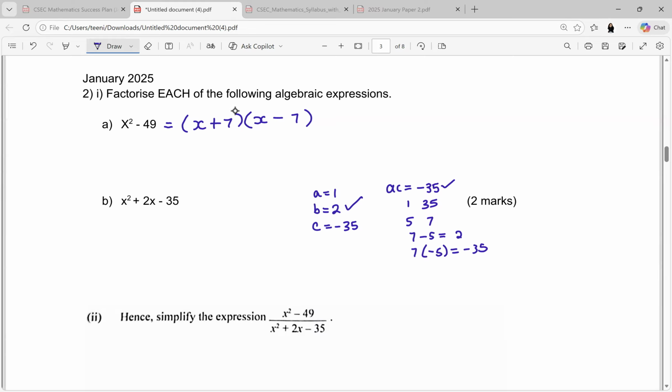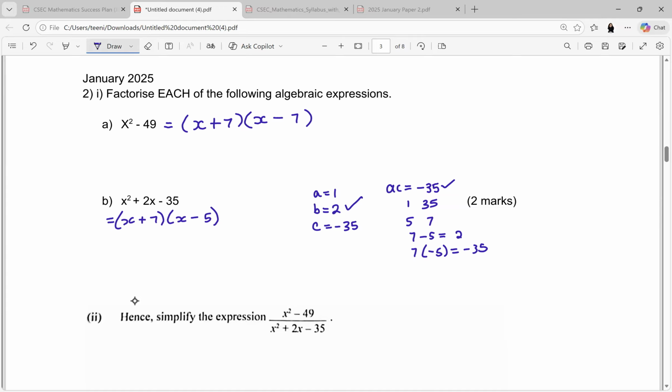The good thing about this one is that the coefficient of x squared is 1. So you don't have to do the whole long step of factorizing by grouping, because this one is simply going to be x plus 7 by x minus 5.